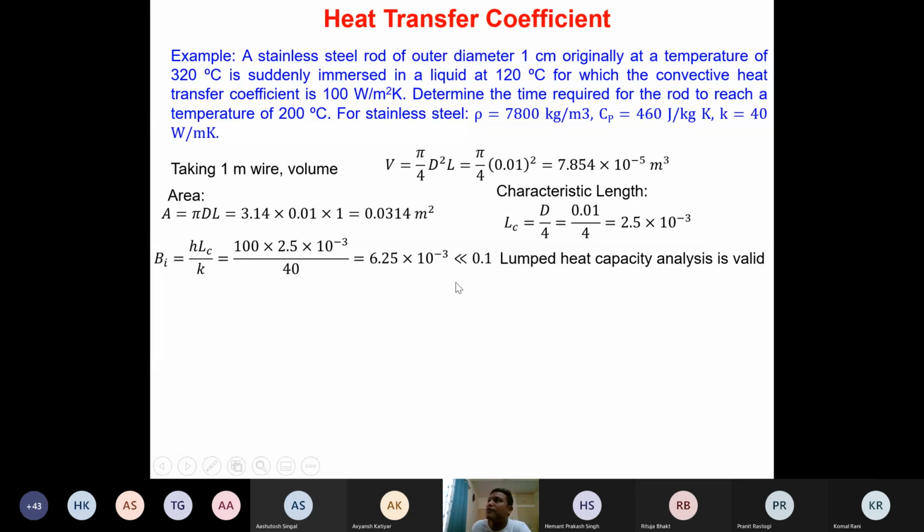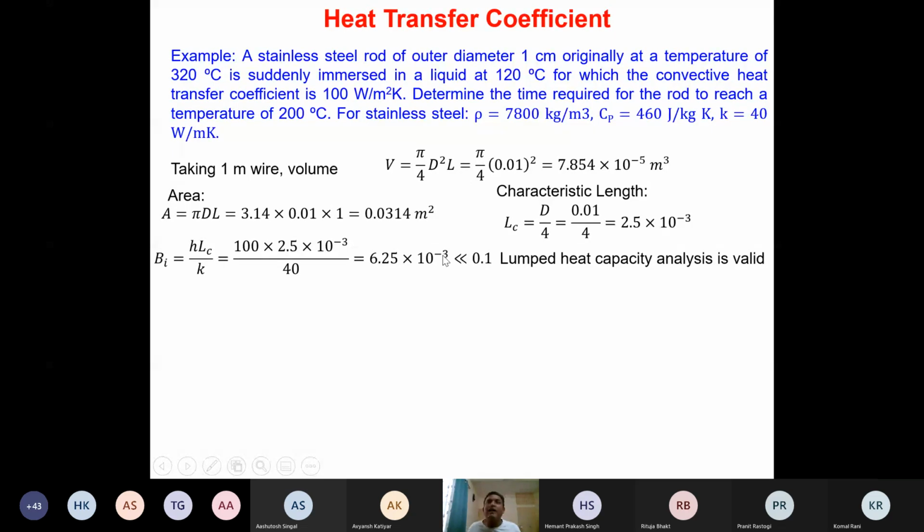There is a correlation which says that if the Biot number is very much less than 0.1, we can assume that the conduction resistance is negligible inside the metal wall, and we can assume this entire metal as a single lump.